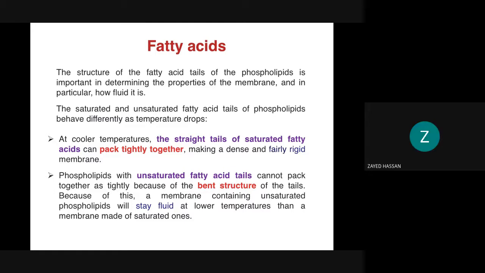So that means that there should be a proper balance of unsaturated fatty acids and saturated fatty acids as well. Yes. Okay. Is it clear to all? Yes, sir. Okay. And what will happen at high temperature then?